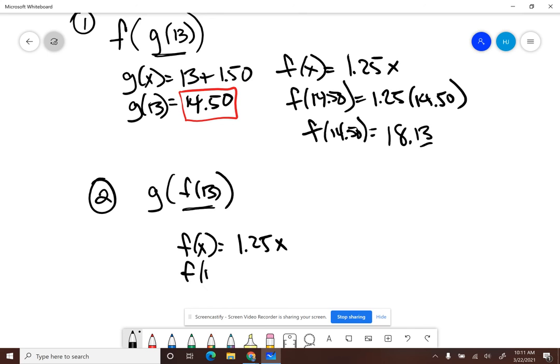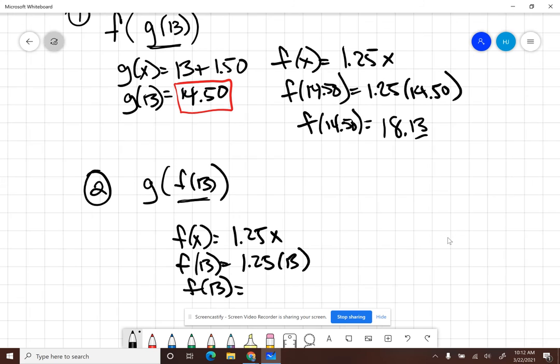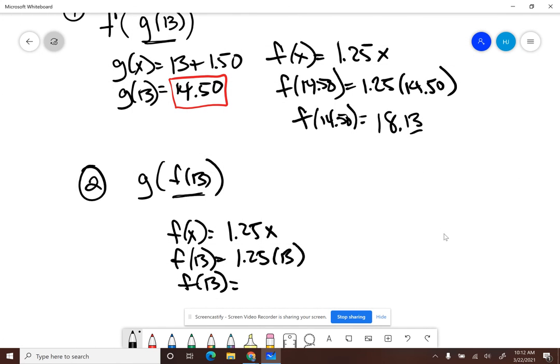So f of 13 equals 1.25 times 13. All right, so let's think about what that is going to give us here. Let's see, 1.25 times 13 equals 16.25, okay?